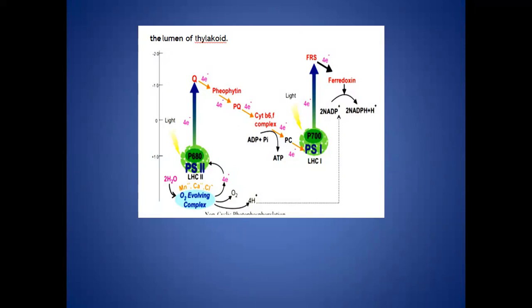So in the last class we learned that one NADPH is equivalent to 3 ATP molecules. So like this, the ATP and NADPH are formed during the non-cyclic photophosphorylation. These ATP and NADPH are called the assimilatory powers. These assimilatory powers are involved in the dark reactions.